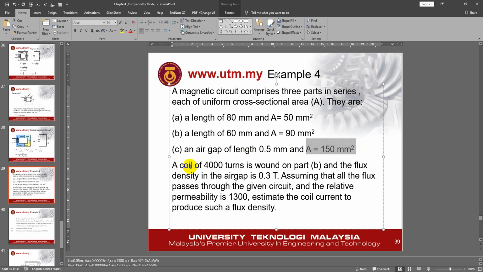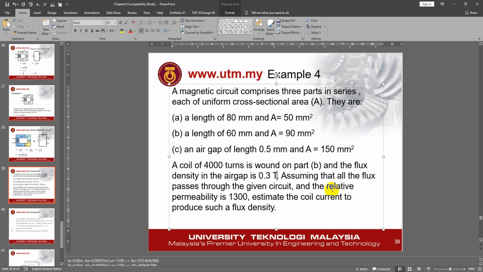A coil of 4000 turns, N equal to 4000, is wound at part B, so wound here, and the flux density at the air gap, BC, is equal to 0.3 Tesla. Assuming that all the flux passes through the given circuit, which means there is no flux leakage.